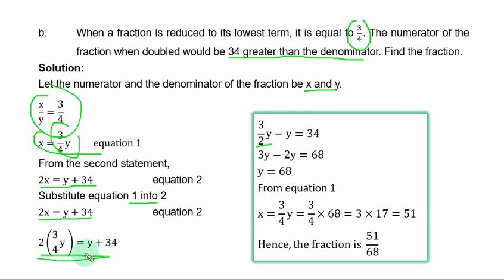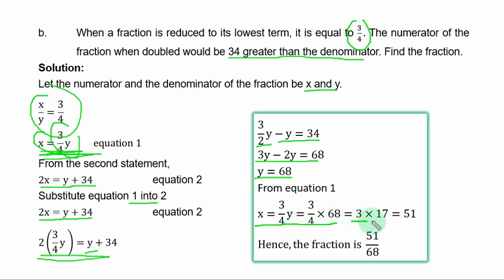So let's transfer this term to the left hand side. It becomes negative, equal to 34. Multiply through by 2 to clear the fraction, you have this result. If you subtract, y is equal to 68. Now let us get s using equation 1. That is s equal to 3 over 4 times y, and that is 3 over 4 times 68.